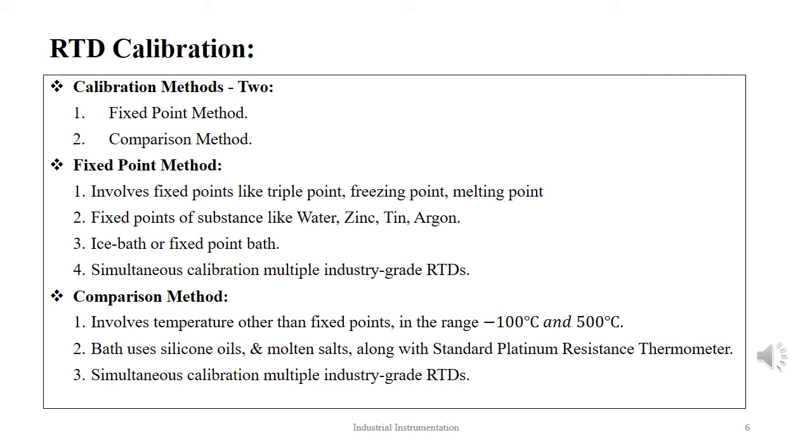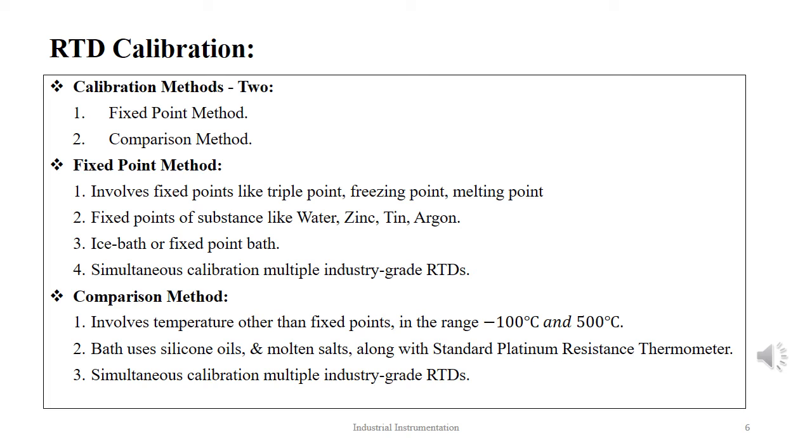In the second method, that is comparison calibration method, a secondary device is used which is generally a standard platinum resistance thermometer, SPRT. The industry grade RTDs are submerged along with the SPRT and the process is repeated several times.